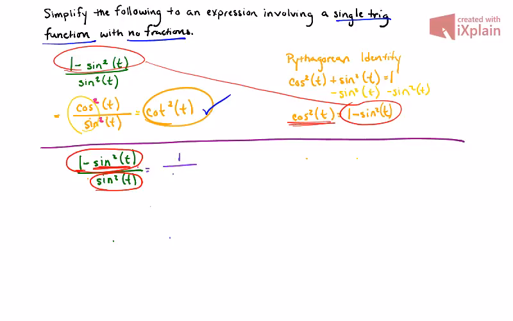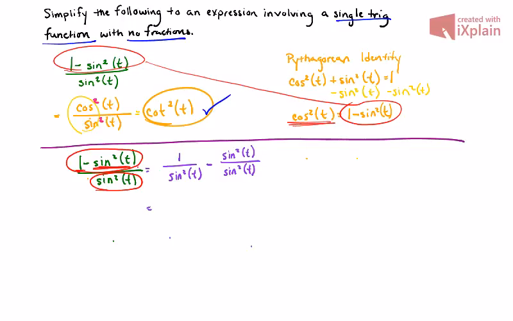So this is going to become 1 over the sine squared of t minus the sine squared of t all over the sine squared of t. Okay? So I've literally just kind of expanded this fraction out. Okay, notice that the denominator has not changed. I've just split it up amongst the different terms that are located in the numerator.